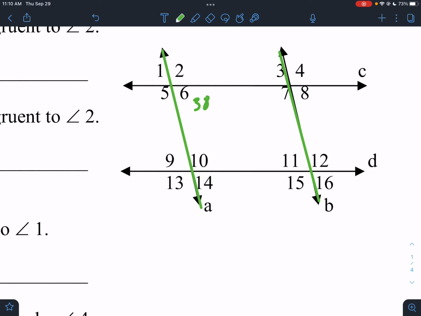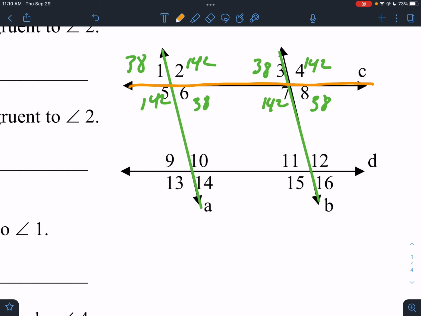All right, so right away, if that's 38, I know this is 38, I know this is 38, I know this is 38. I know all the other ones are 142. Boom. That's because this transversal, the one going left and right, is the one that crosses the two parallel lines.